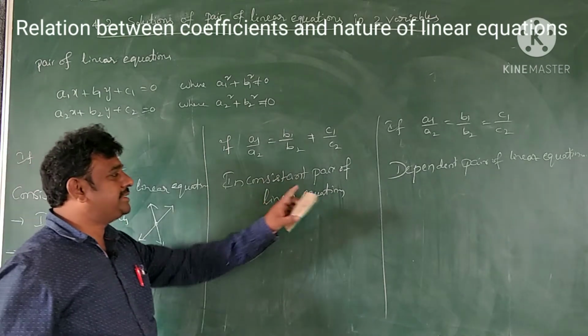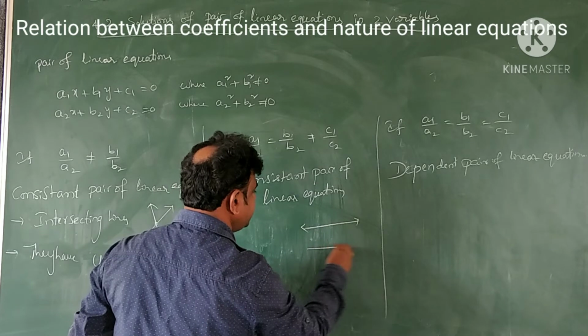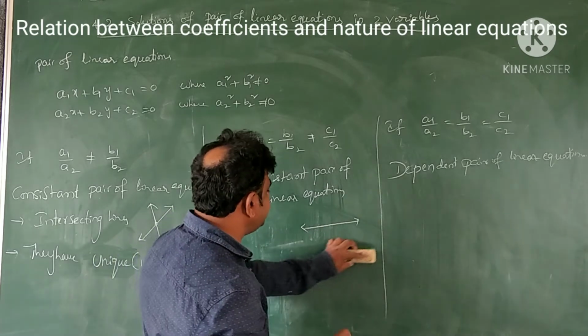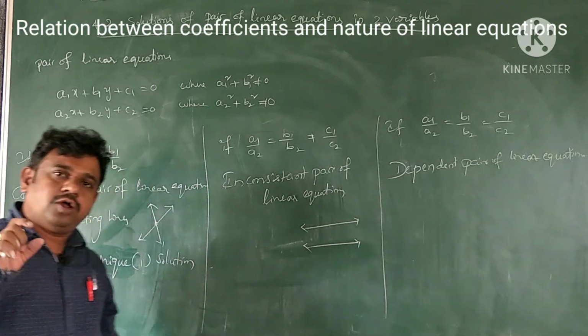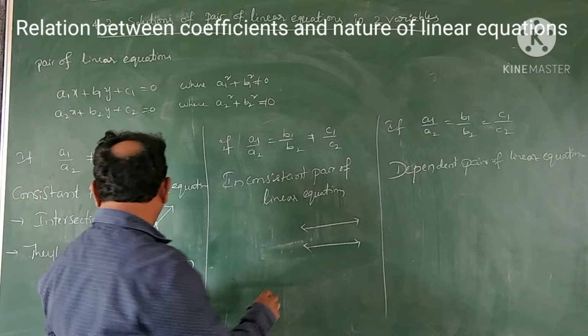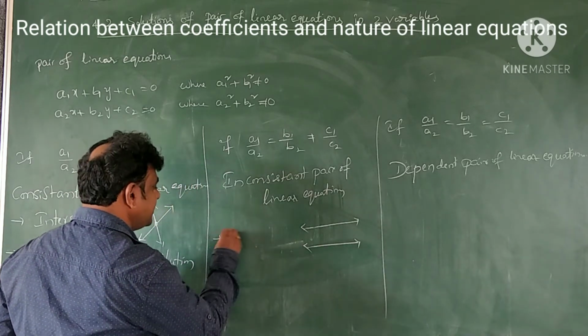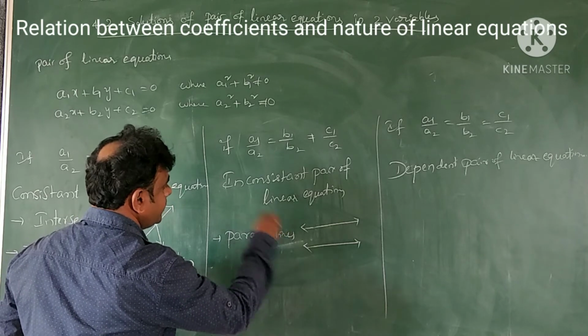Coming to inconsistent pair of linear equations, this pair represents parallel lines. Parallel lines means the distance between two lines is always equal anywhere. These are parallel lines.